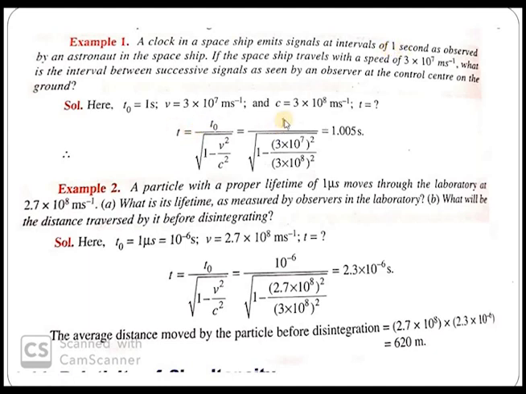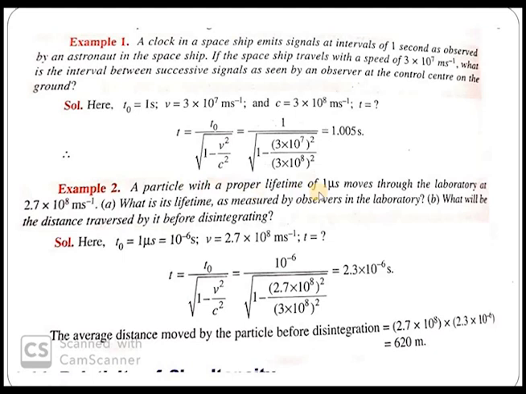That is t0 is 1 second. You'll have to find the time t. And the equation is t is equal to t0 divided by root of 1 minus v square by c square. And v is 3 into 10 raised to 7 meter per second. So t will be 1.005. So the time observed as 1 second will be observed as 1.005 second from Earth. And 1 second is observed by the man in the spaceship.